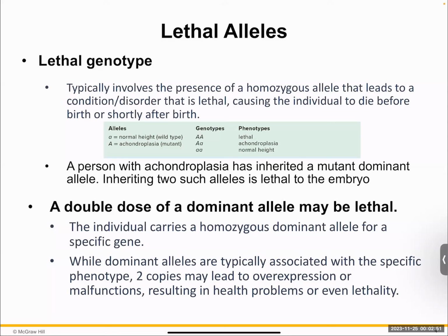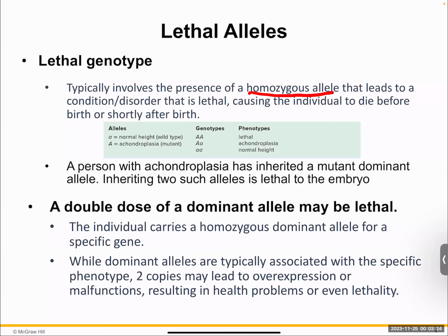The best example of a lethal genotype is when a homozygous allele is present, and the homozygous allele causes such a medical condition that it either kills the individual or the offspring, or causes a very high overproduction of specific proteins that again leads to death, hence the word lethal.